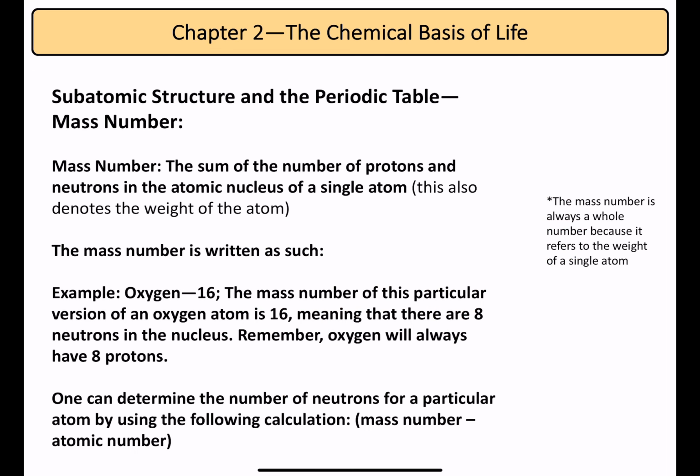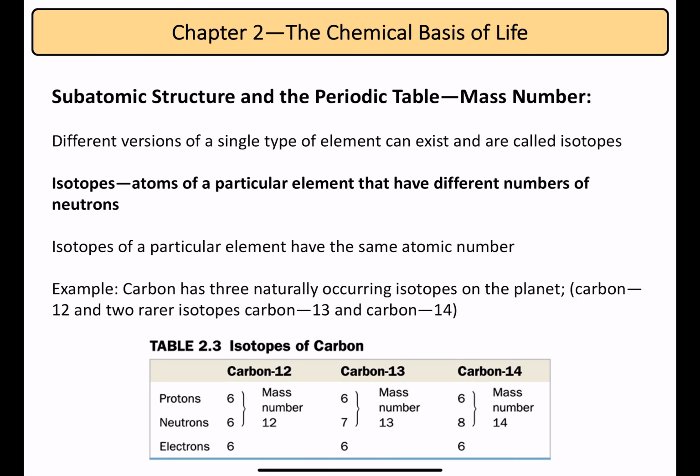So for instance, for carbon, the most common form of carbon is this. A carbon atom with 6 protons, 6 neutrons, and 6 electrons. 99% of all carbon on the planet is like that.